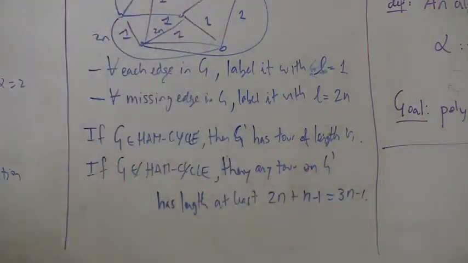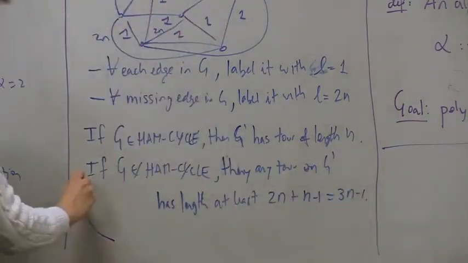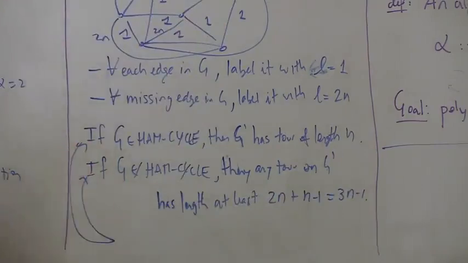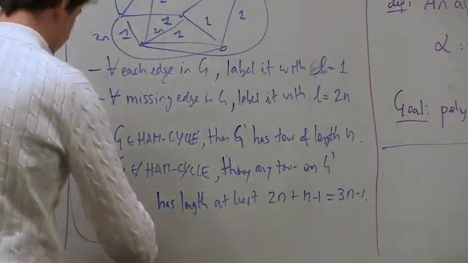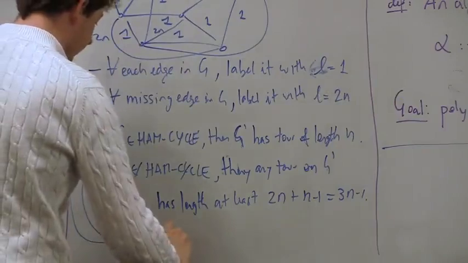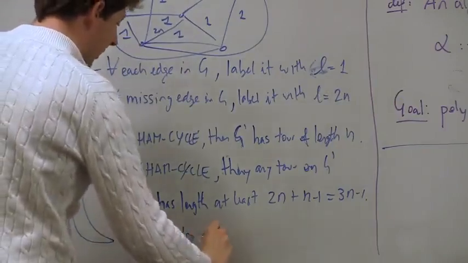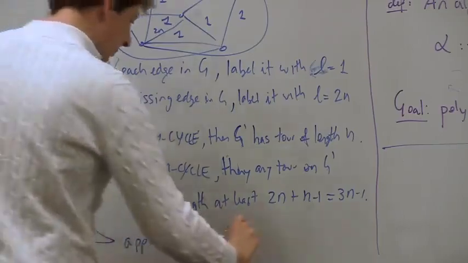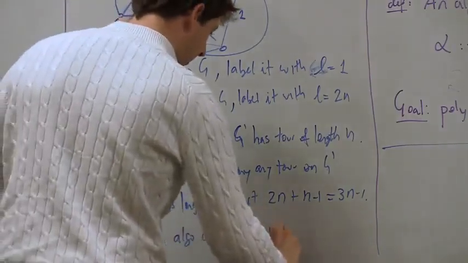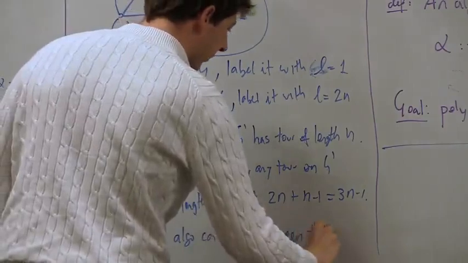And the point is that I can distinguish between the two cases with an approximation algorithm that has alpha. The approximation algorithm can distinguish between the two.